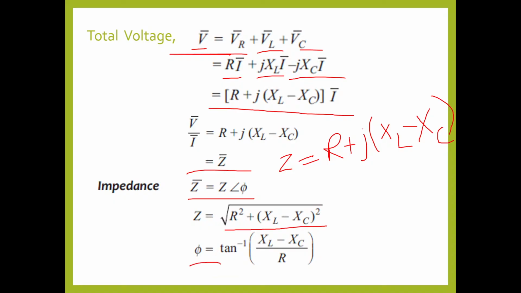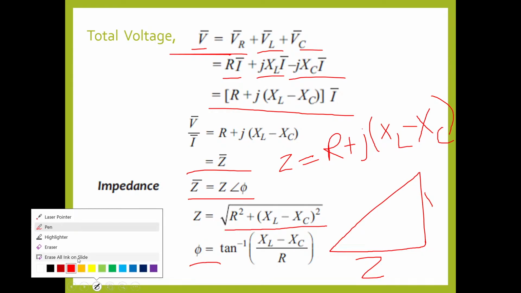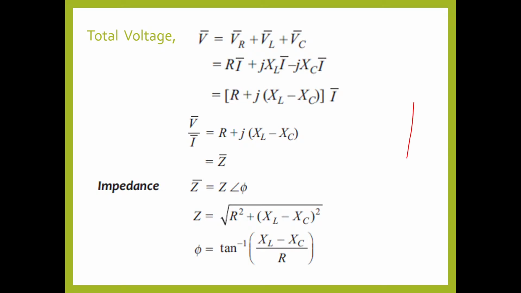So what is phi? From the impedance triangle. Draw the impedance triangle. This is Z. Sorry, not Z, that is R. The x-axis, the real axis, is R. This is XL minus XC.